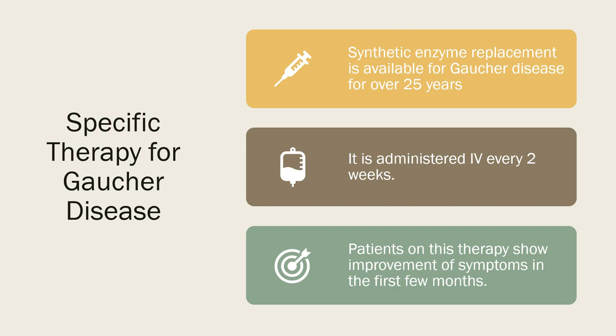We've actually had enzyme therapy for the treatment of Gaucher's disease for approximately 25 to 30 years. It's administered through IV every 2 weeks. So we do have a fair amount of time in this therapy, and we've shown that there's an improvement in the symptoms after the first few months.